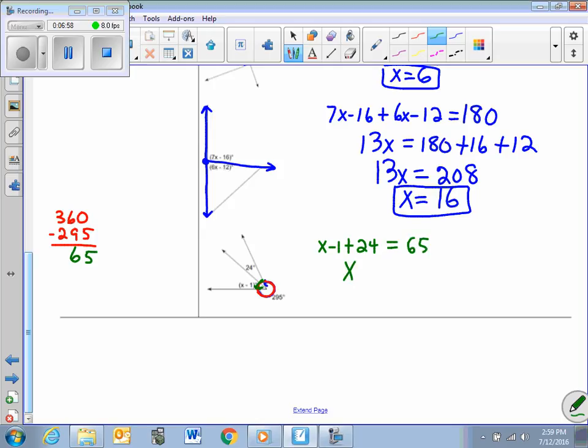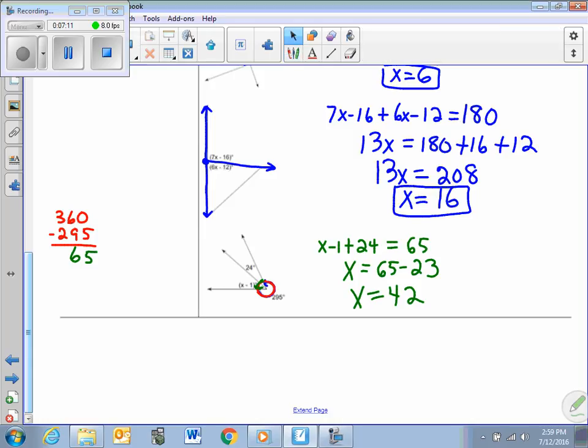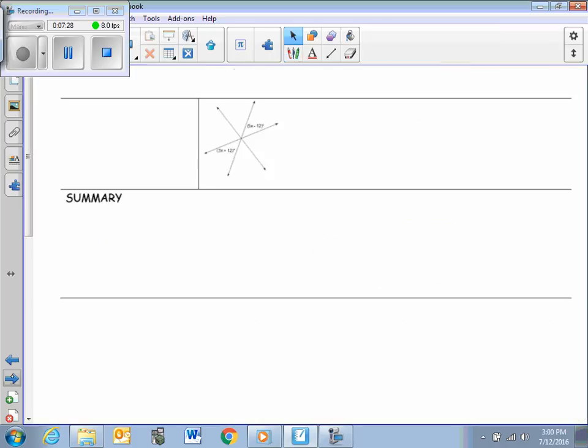So that's x plus 23. So that's going to give me 65 minus 23. So x is going to be 42 in this case. All right. Remember, if you have any questions or any confusion, put a star on this problem or write a note over here on the left somewhere or down at the bottom so that you can be sure to ask when you come to class. And finally, we have one more example here.